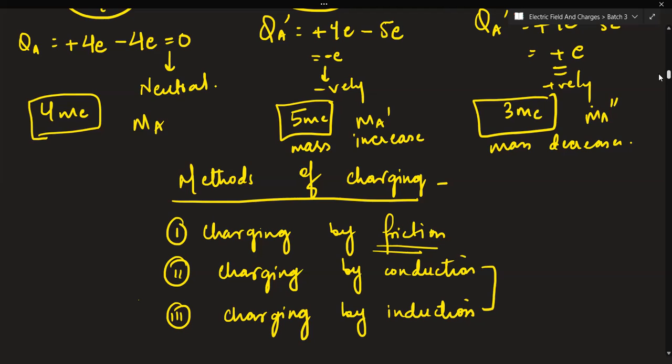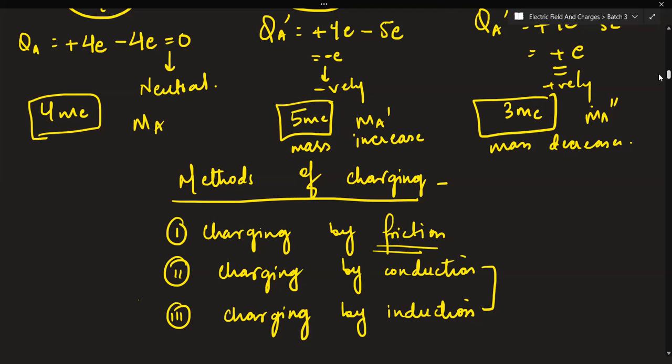Now, if I do not rub the bodies, if I just place the two bodies in contact and the charges are getting transferred, then you call it charging by conduction. Charging by induction I'll show you. But in case of charging by conduction, remember one thing: if your bodies are identical, for example two spheres with equal radii, then you can directly say both bodies are identical.